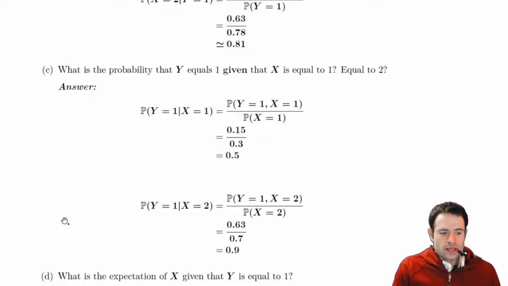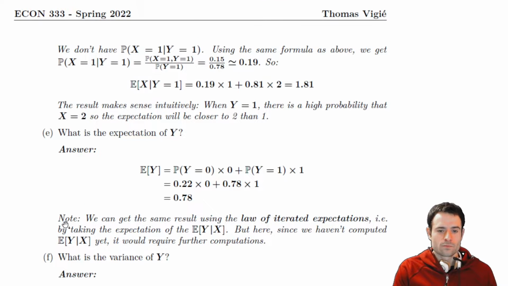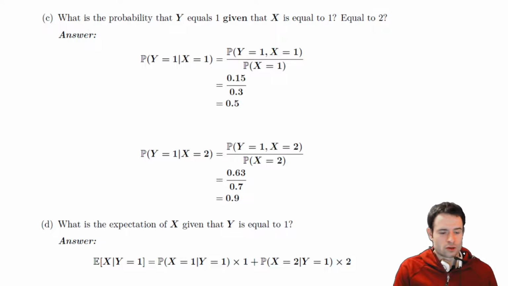We need these conditional probabilities if we want to compute conditional expectations and conditional variances. First of all, what is the expectation of x given that y is equal to 1? So we are restricting ourselves to the case where y is equal to 1.